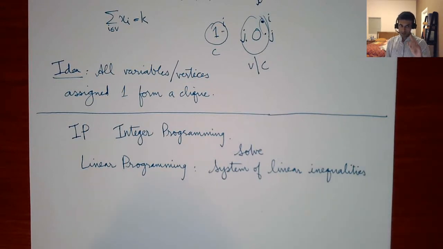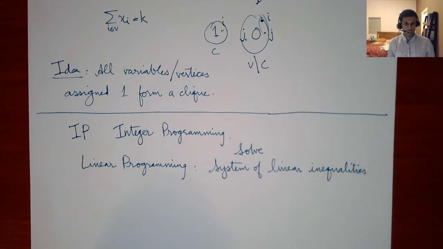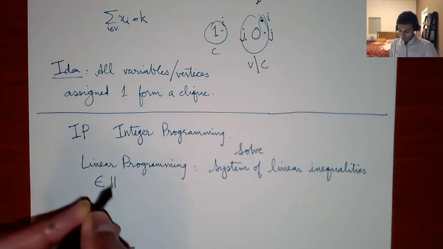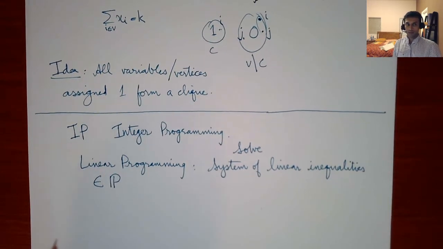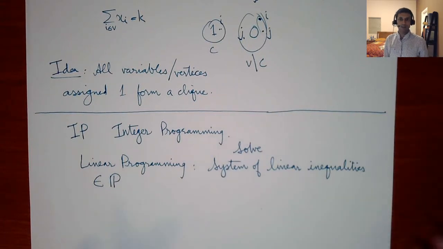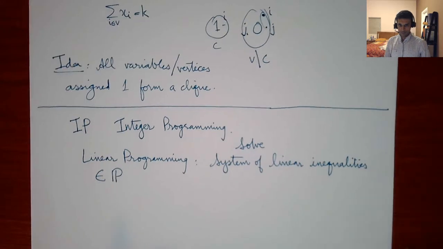Solving a system of linear equations is Gaussian elimination. Solving a system of linear inequalities is actually a much more challenging problem. It turns out that this language is in P, but that's a very non-trivial result. It was discovered in the 70s by Khachiyan, and it's not an easy result, but linear programming is in P.